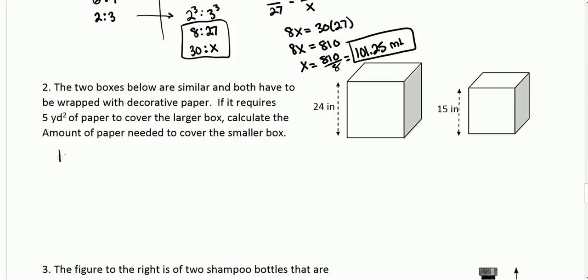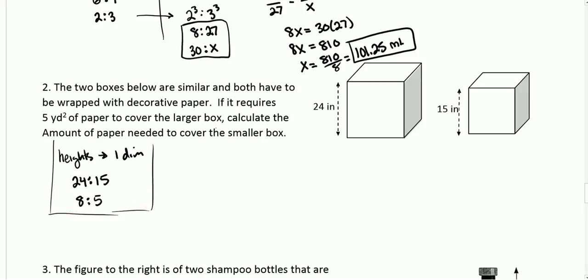So we're given the heights in the diagram, which is one-dimensional, and we've got 24 to 15. We can reduce those, divide them both by 3, we get 8 to 5. So that's our one-dimensional ratio.